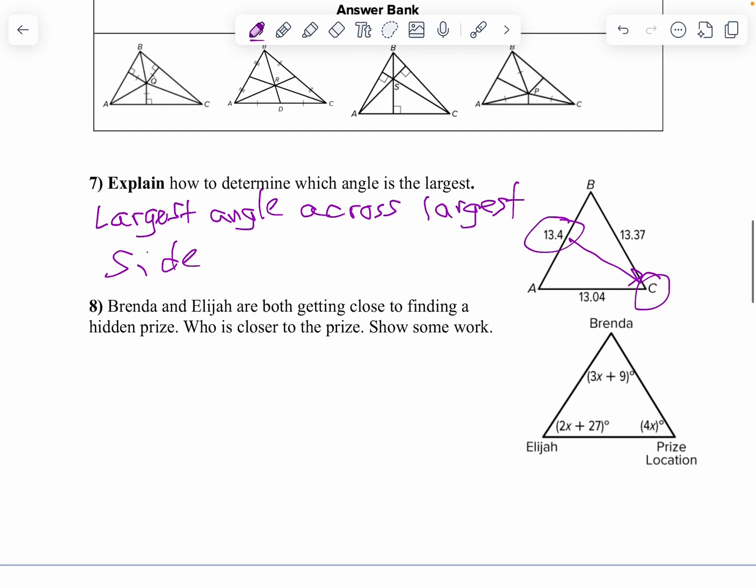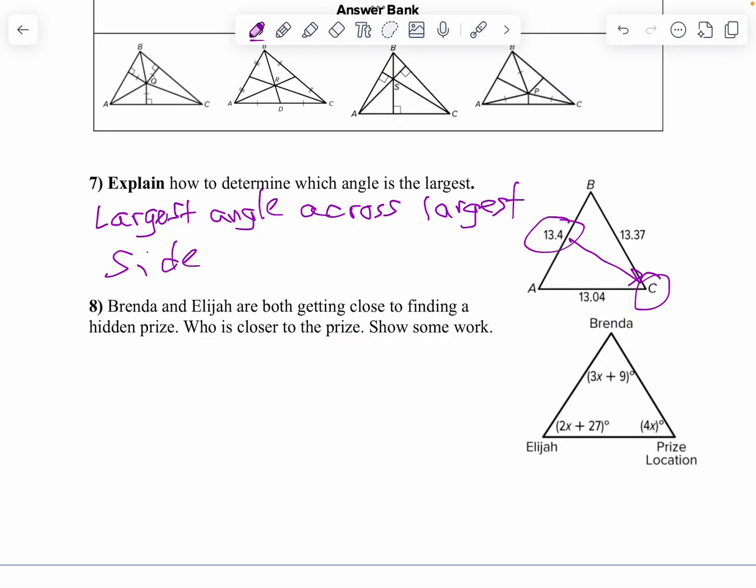We're going to apply that on Brenda and Elijah's triangle here. First off, we're going to use the fact that it's 180 degrees to find the measure of each of our angles. So if I add up my x's, 3x, 7x, 9x. So I'll say 9x, and then I'll go 9 plus 27.